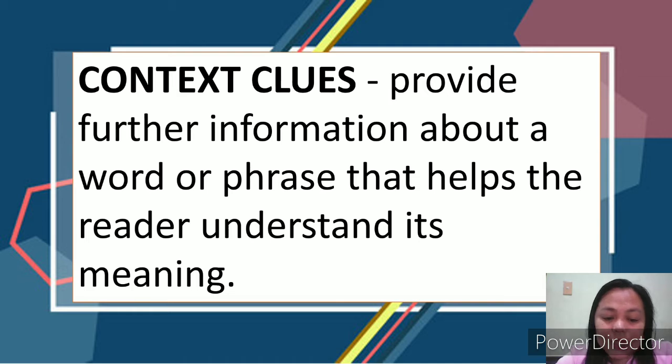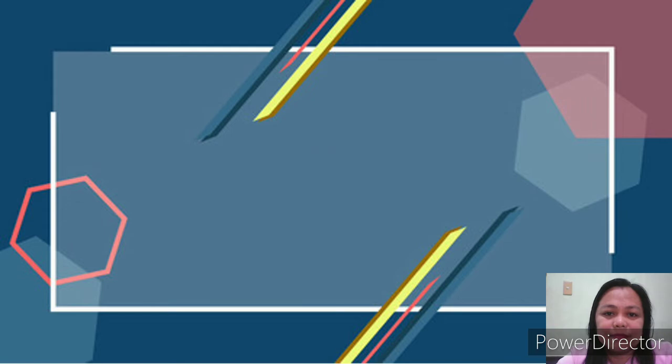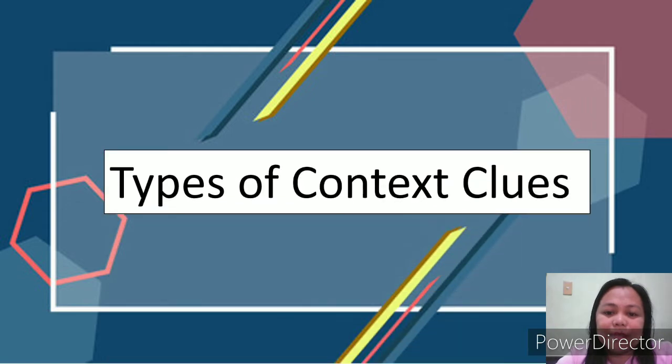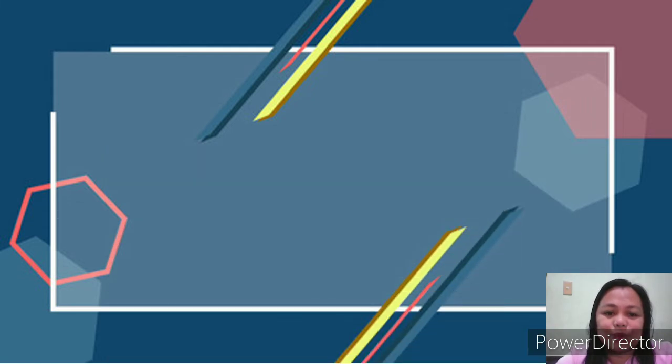Context clues usually help us figure out the meaning of words without having to look up the dictionary. So you don't need to look up the dictionary if there is a context clue that helps you understand its meaning. So there are types of context clues.